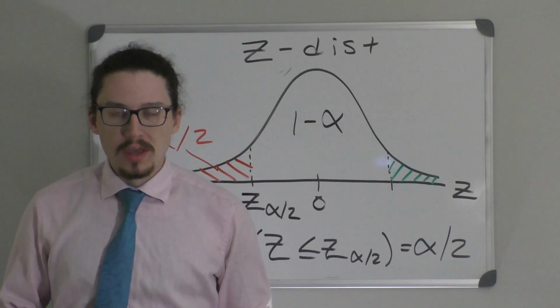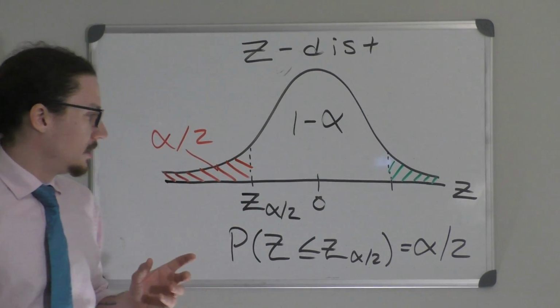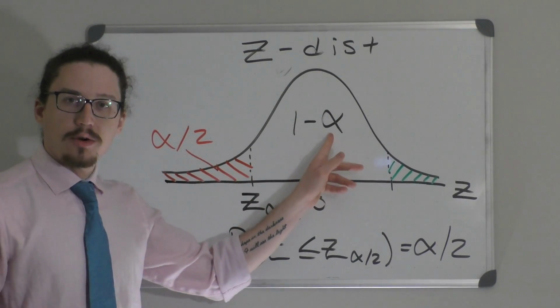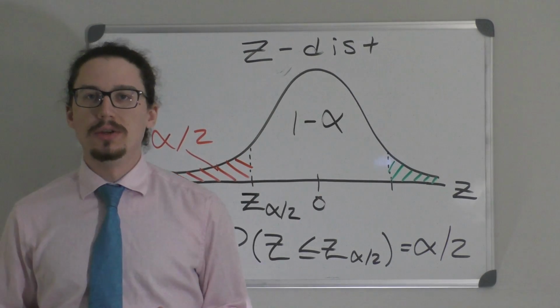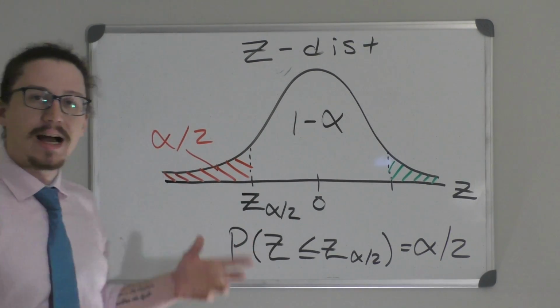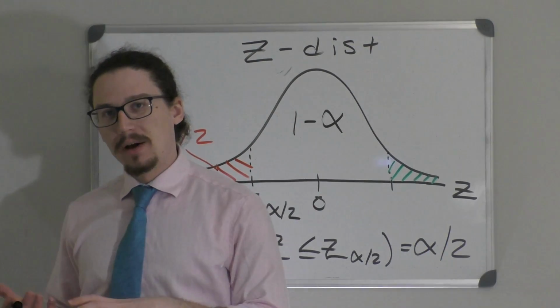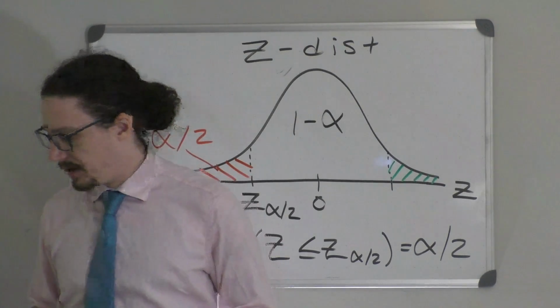So if that is the case, then we can define, or pick, an alpha that we want to use. That would allow us to find a z-score, and that would allow us to solve for that lower boundary.